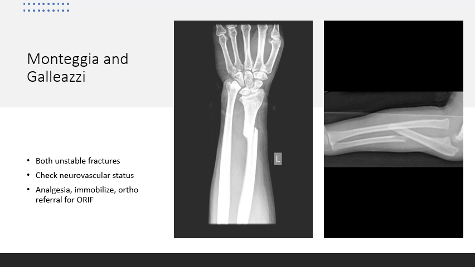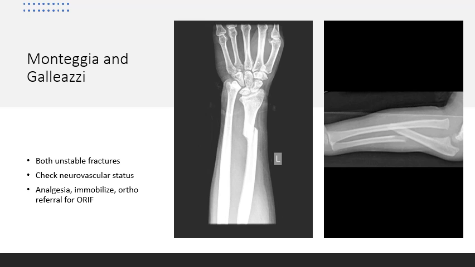So, Monsters University, the initials are M and U. Monsters is your Monteggia, University is your ulnar. So, Monteggia is an ulnar shaft fracture with radial head dislocation.